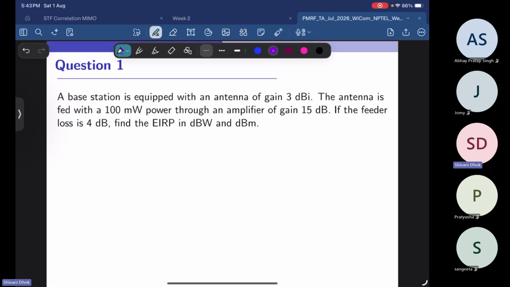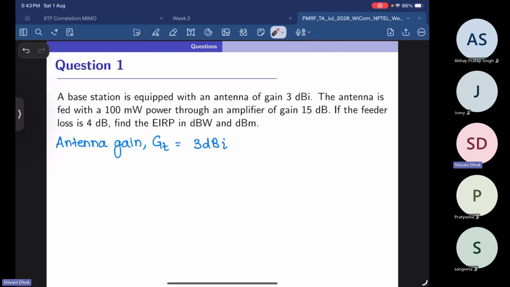So the first quantity given to us is antenna gain, which is 3 dBi. So what does this i mean? This i means this gain ratio is with respect to an isotropic antenna. That's why the i.